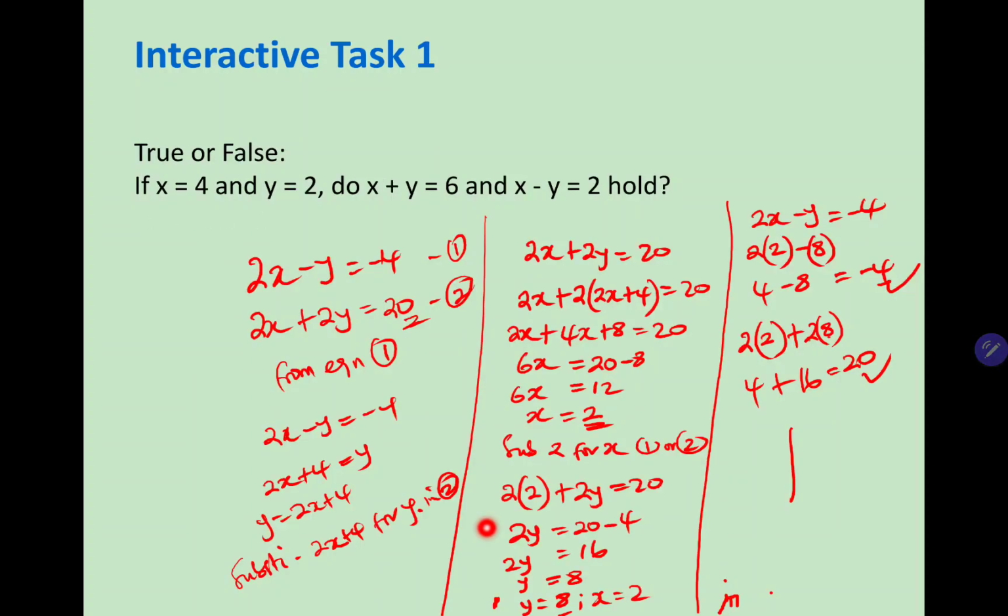All you have to do is apply the same format, the same process. No matter the coefficient of x and y, you're going to still arrive at a correct answer. All right, that satisfies both equations. So that is for elimination and substitution.